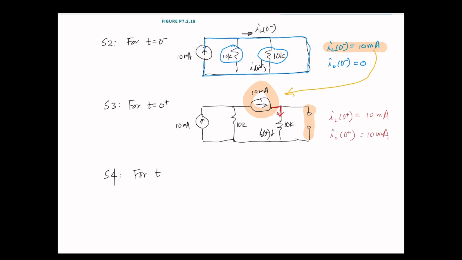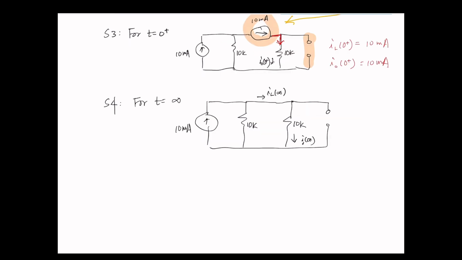Step number 4, for t more than 5 times tau, I'm going to call it infinity, a long time later, the circuit looks like this. For this time, we have 10 milliamp going into this node, and it's going to split into these two ways, right? And again, there's an open circuit, so we don't have to worry about this side.